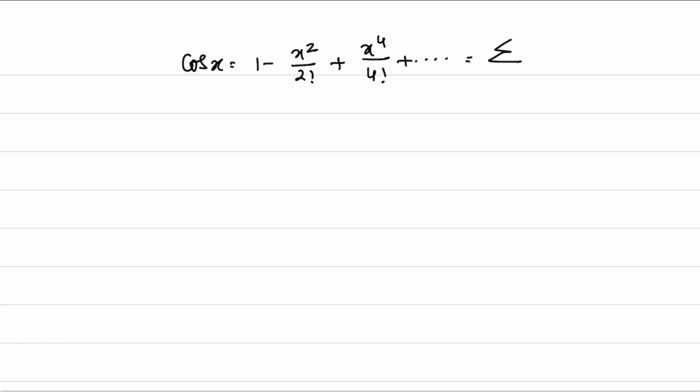In summation form, n is equal to 0 to infinity, minus 1 to the power of n into x to the power of 2n divided by 2n factorial.